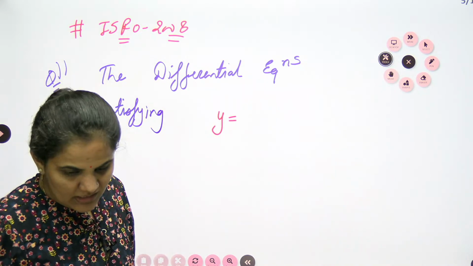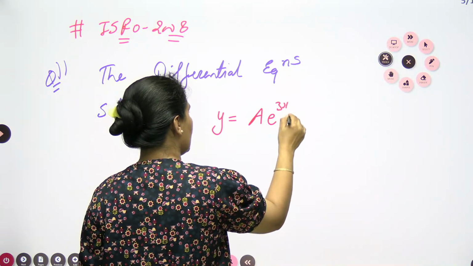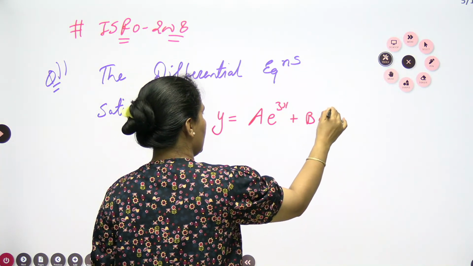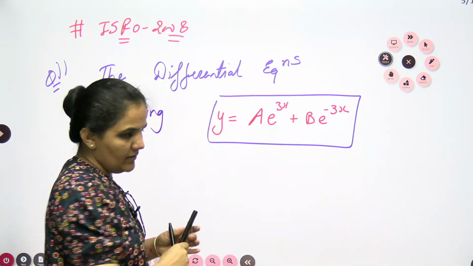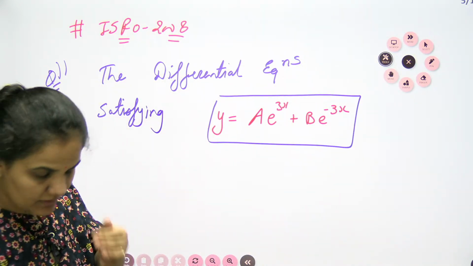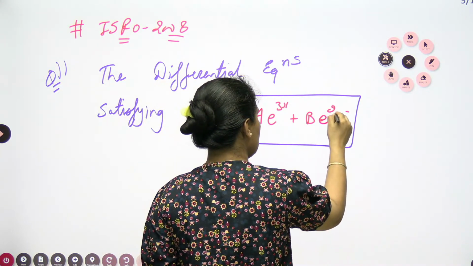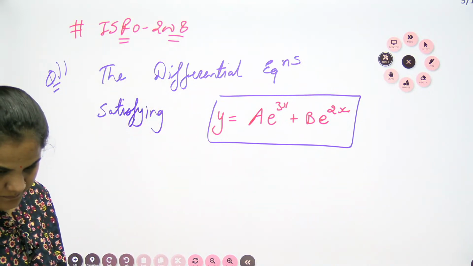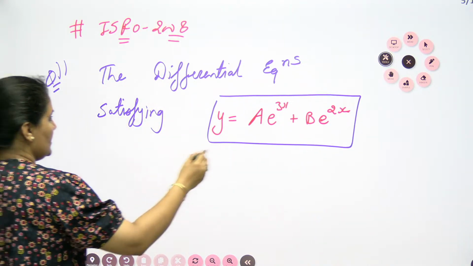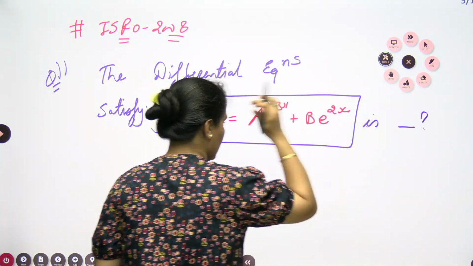So what is the solution? y equals a e power 3x plus b e to the power minus 3x. No, it is not minus, it is plus 2: a e power 3x plus b e to the power 2x. And we need to identify from here the differential equation.